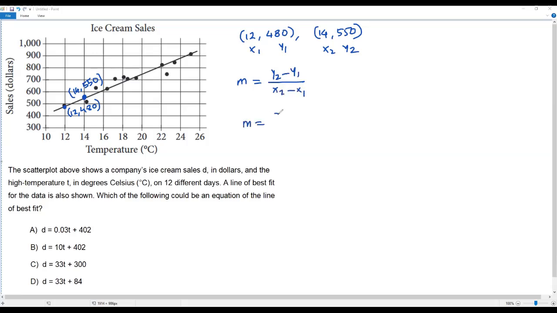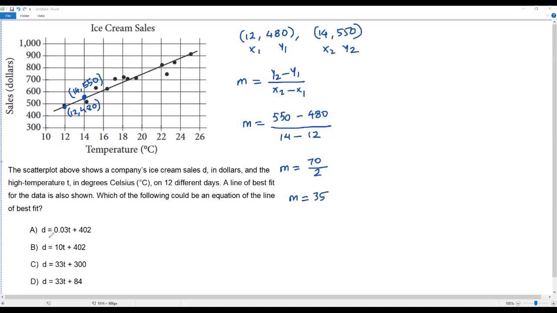For y2 we have 550, for y1 we have 480, over x2 is 14 and x1 is 12. So m is equal to, when I subtract 480 from 550, I'm getting 70, and 14 minus 12 becomes 2. So I'm getting the slope 70 divided by 2, which is 35. So the slope of the line of best fit is 35.